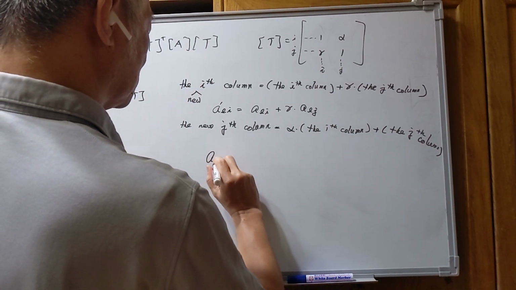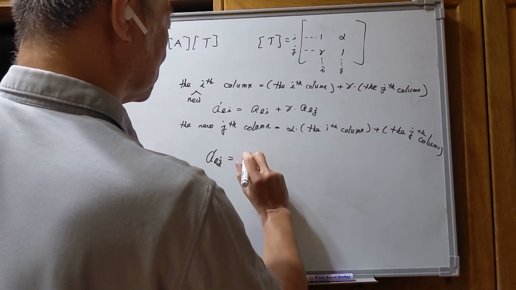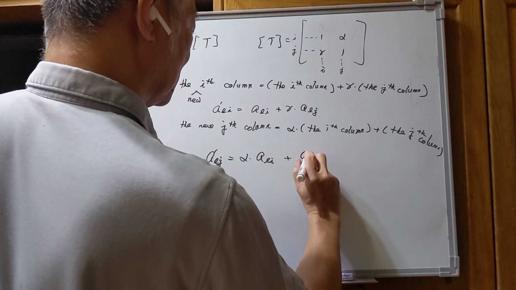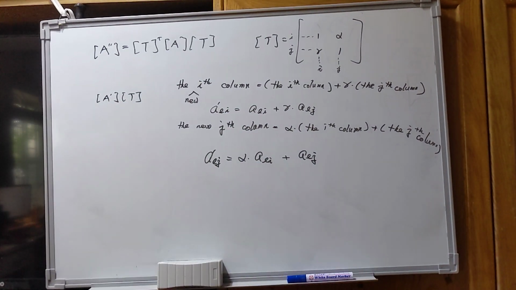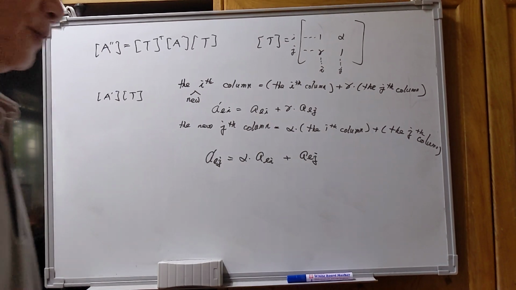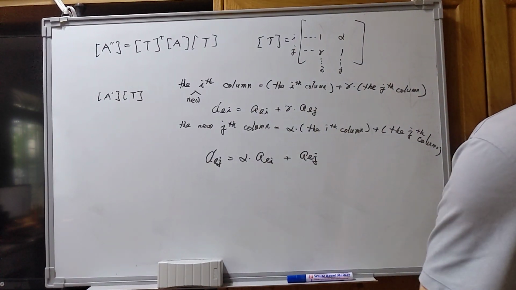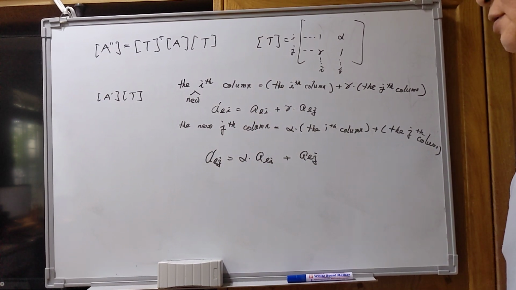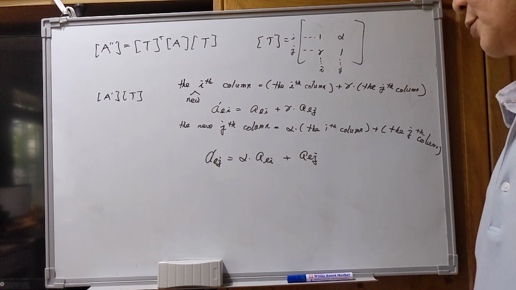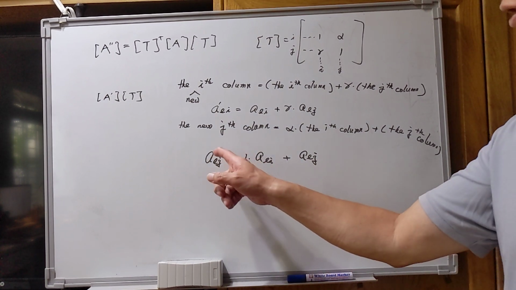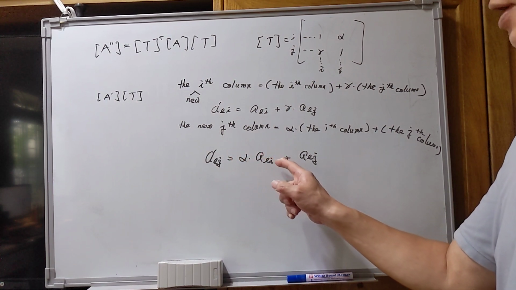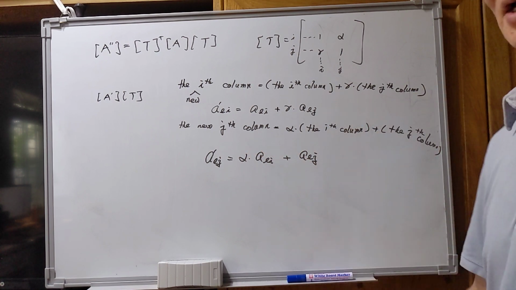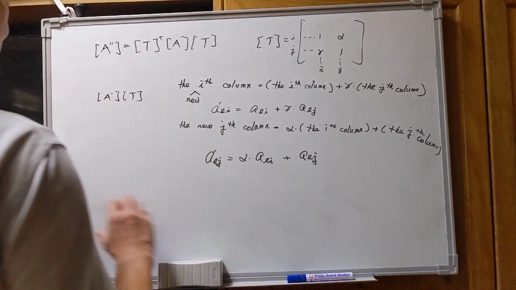So ALj prime is equal to alpha times ALi plus ALj. Okay, so that's the new jth column.